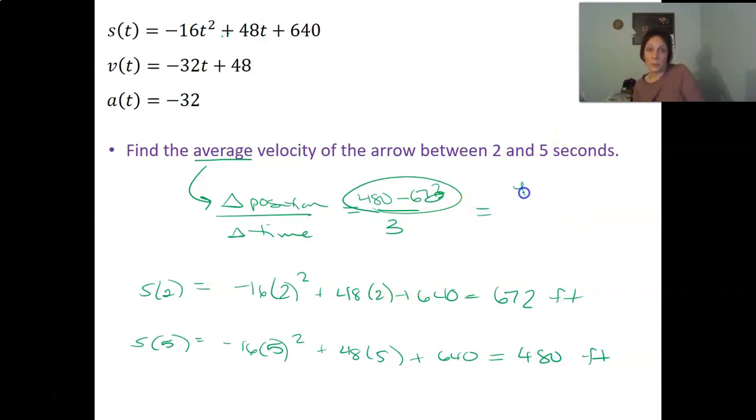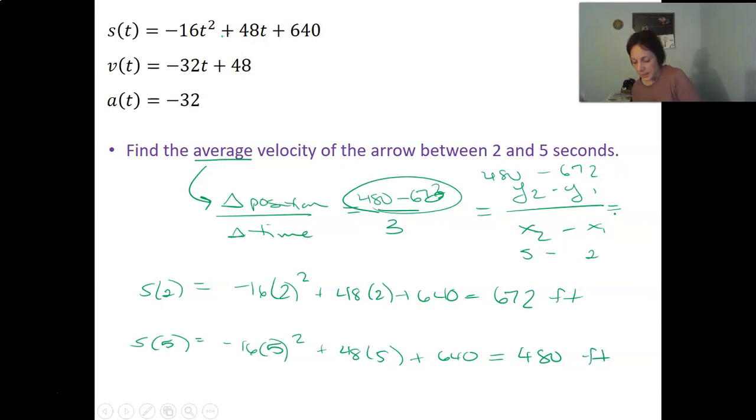So remember the old formula y2 minus y1 over x2 minus x1, right? So the 672 goes with the 2, 480 goes with the 5. So if you're going to do 5 minus 2 down here, then you better up here be doing 480 minus 672. Just pay attention to that. Again, it's an algebra thing, but it's a thing.